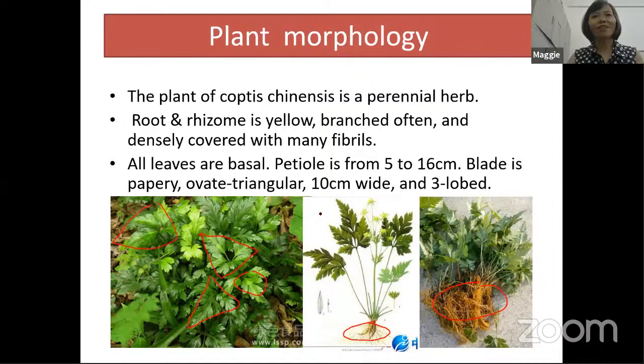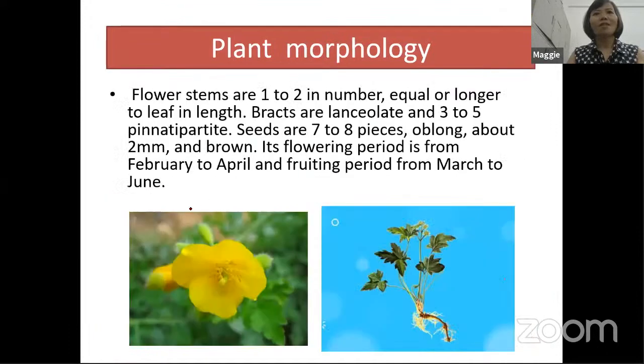So here, look at the middle picture. Blade. So oval triangular, 10 centimeter wide and 3-lobed. Flower stems are 1 to 2 in number, equal or longer to leaf in length.